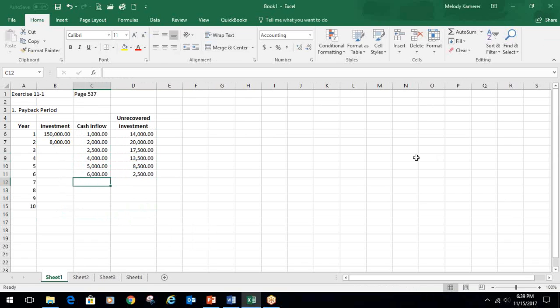In year 7, our inflow is $5,000, which more than covers our unrecovered investment. And from there on out, our inflows are actually monies that we don't need to pay back our original investment because we have now covered our original investment.